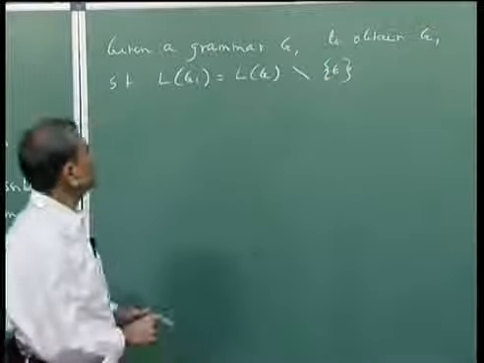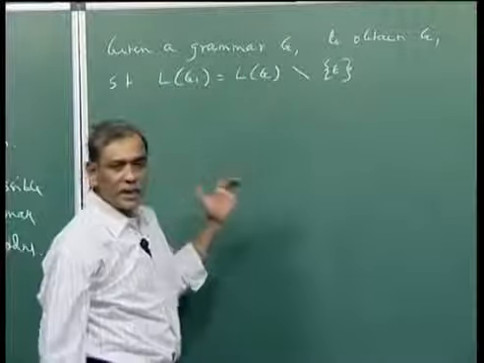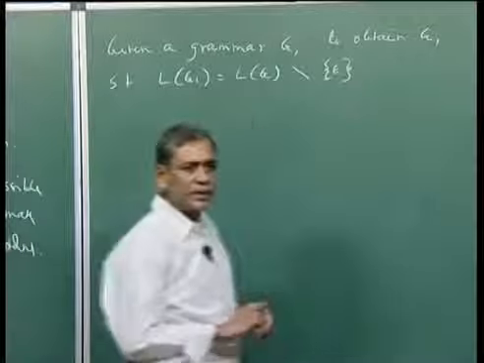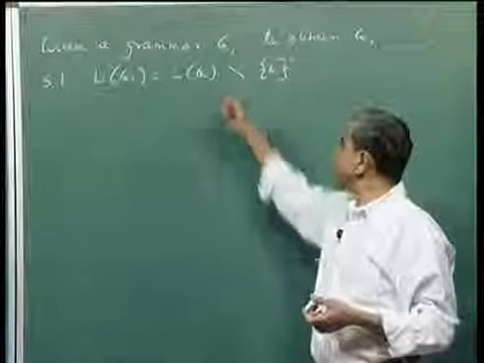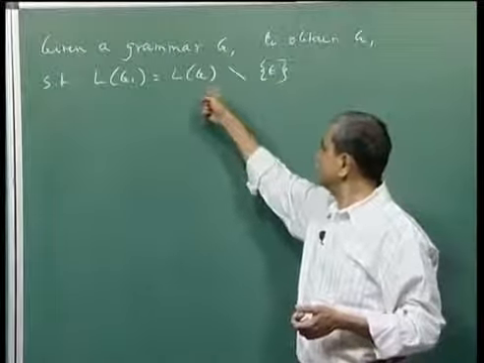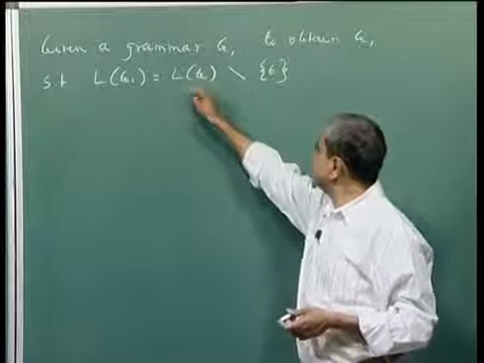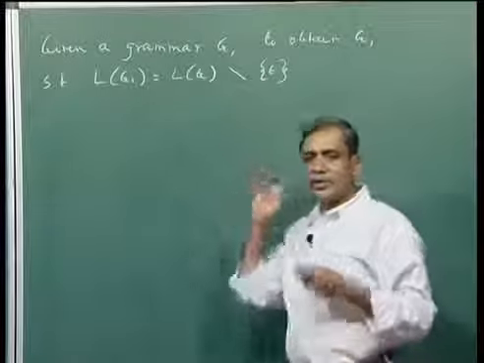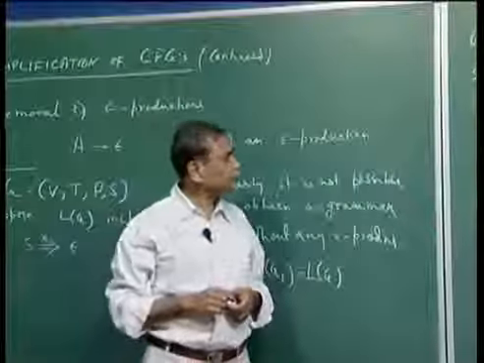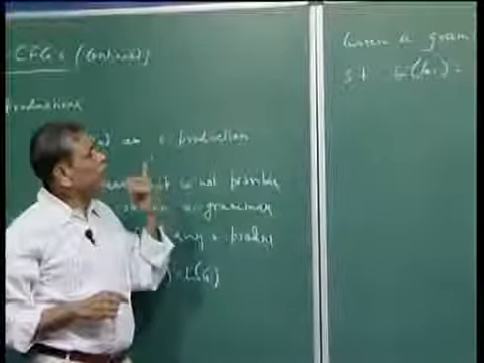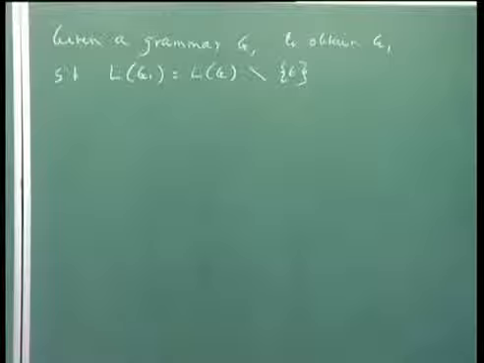In other words, if G generated epsilon, then G1 should not generate epsilon, but G1 should generate all other strings which this grammar does. On the other hand, if G did not generate epsilon, that means LG did not contain epsilon, then this would be equal to LG itself. In such a case, of course, we should get a grammar, that is our aim, which would be equivalent to the grammar G.